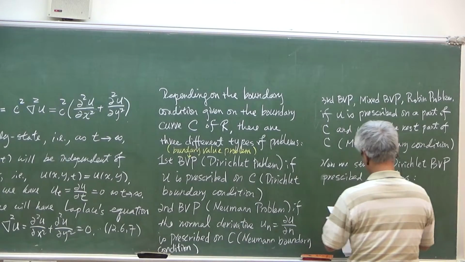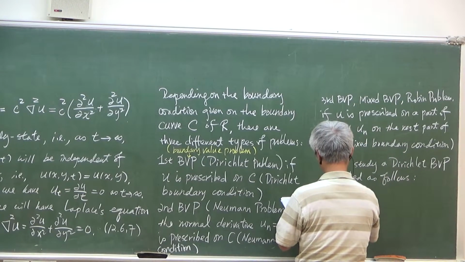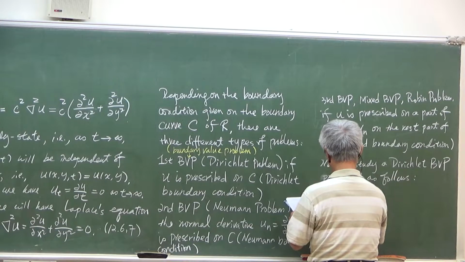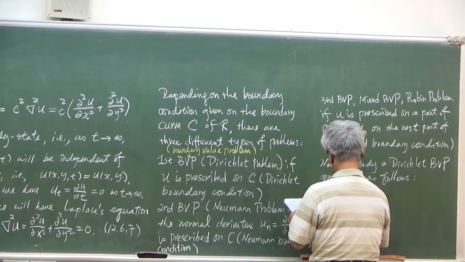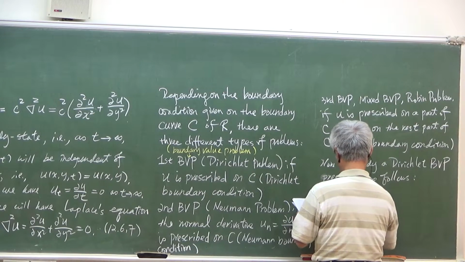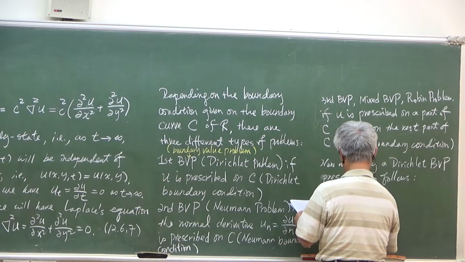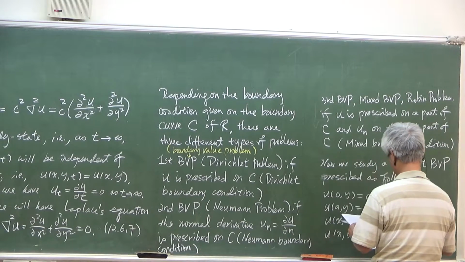Okay. So now I'll give u(0,y) equal to 0, u(a,y) equal to 0, u(x,0) equal to 0, and u(x,b) equal to f(x). Okay?